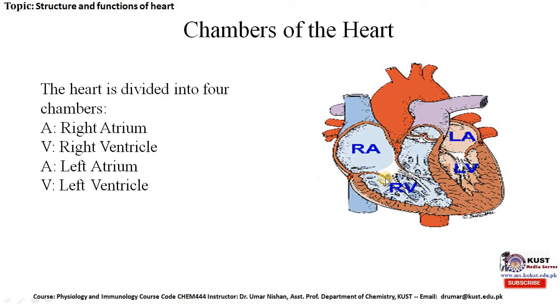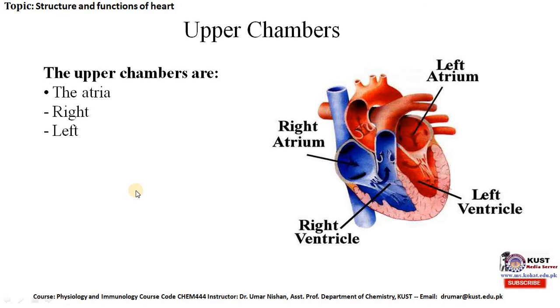The third one is left atrium, abbreviated LA, and this fourth one is the left ventricle. So these are the 4 chambers of the heart: right atrium, right ventricle, left atrium, and left ventricle.